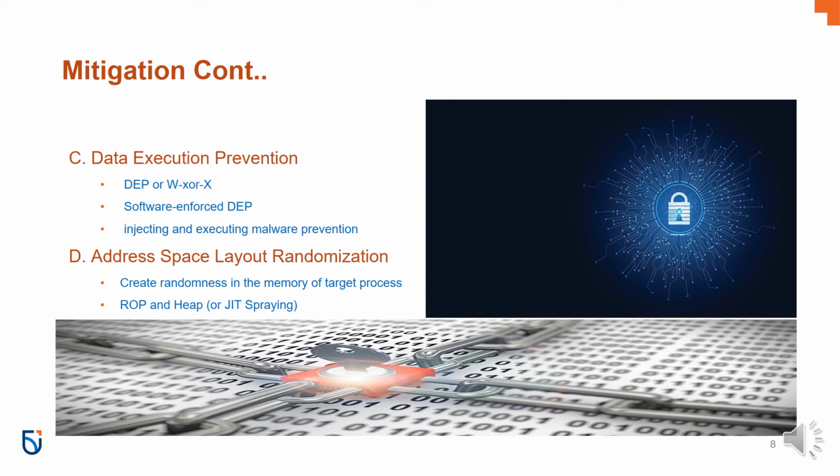Address space layout randomization, or ASLR, is also a widely used defense mechanism, which was introduced by the PaX team in 2003. It creates randomness in the memory addresses of the target process. From a security point of view, it is difficult for attackers to find the areas that they want to attack because the search space is made very large.